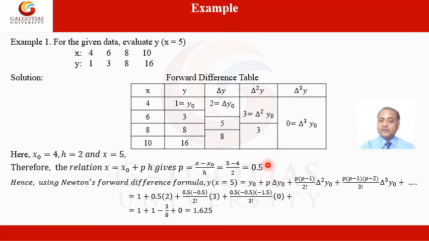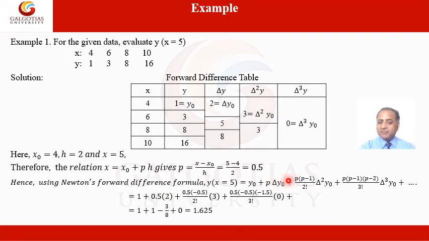Now we will use the value of p and the values of y naught, delta y naught, delta 2 y naught, delta 3 y naught. We will use these values in Newton's forward difference formula. So y naught is equal to 1, p is equal to 0.5, delta y naught is equal to 2, delta 2 y naught is equal to 3.